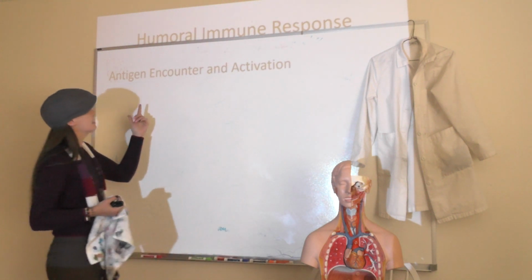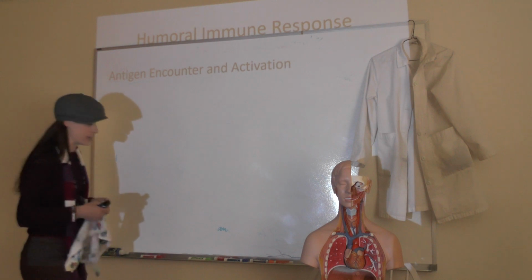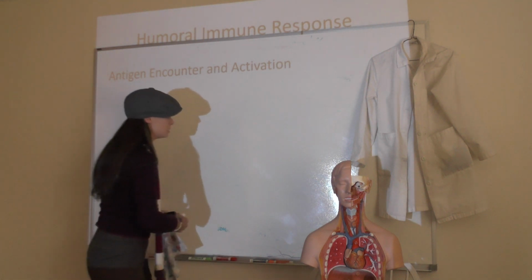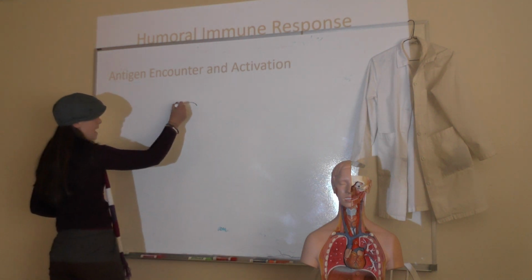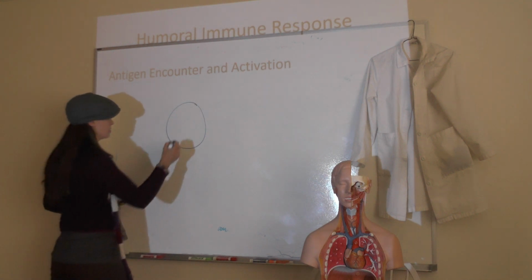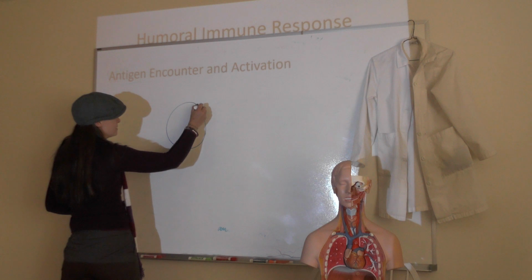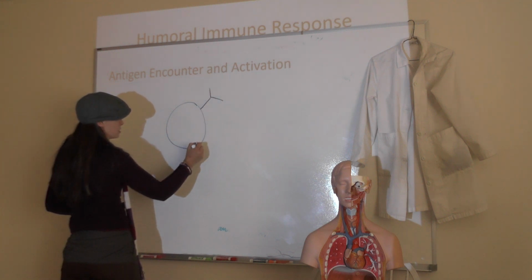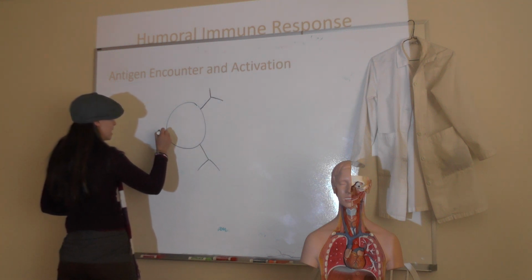So how do B cells encounter their antigen? B cells fight extracellular pathogens. So their activation is slightly different than T cells. So our B cells have B cell receptors that kind of look something like this.